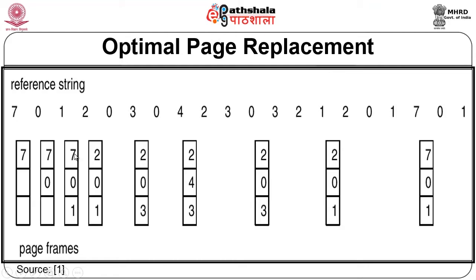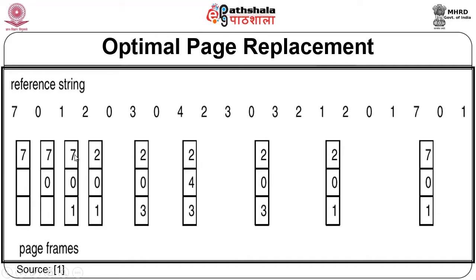This page 2 is not currently present in the physical memory and hence it has to be brought into the physical memory, but you find that there is no free frame here. So, you need to choose one among these 3 to swap out so that you can bring 2 inside. Which one should be chosen?